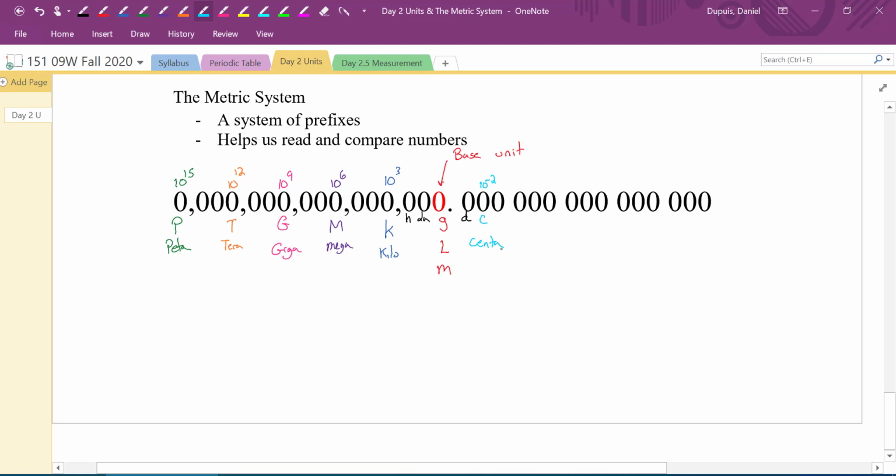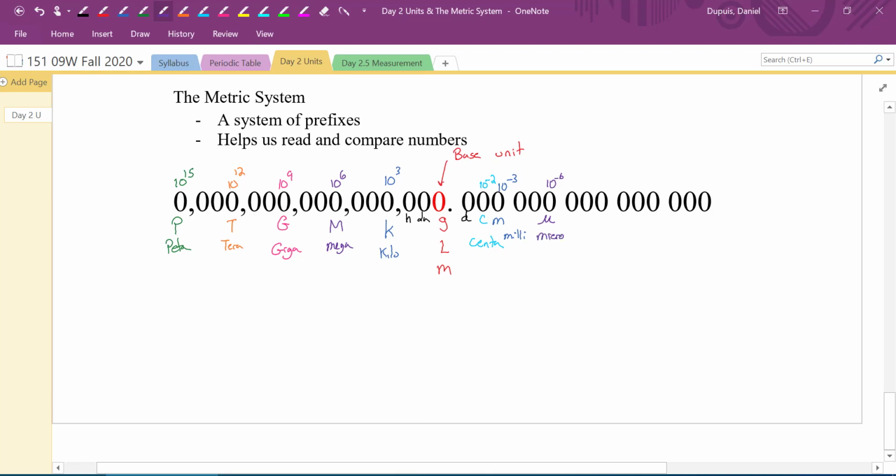And then we have 10 to the minus third, which is milli. And then we have 10 to the minus 6, which is a Greek letter mu. It's a Greek M for micro.